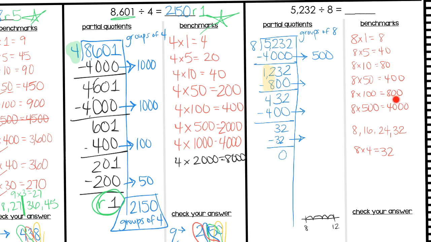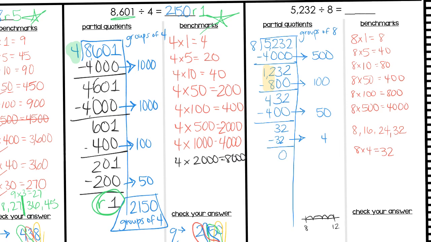In 800, how many groups of 8 are there? There are 100 groups of 8. Oops, 100. Then in 400, how many groups of 8 are there? There are 50 groups of 8. And then lastly, in 32, we have 4 groups of 8.